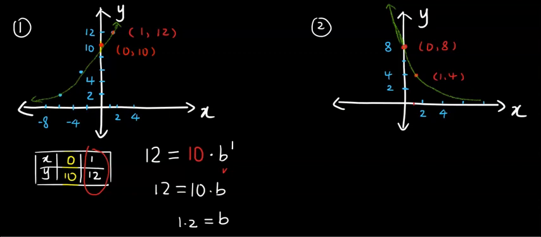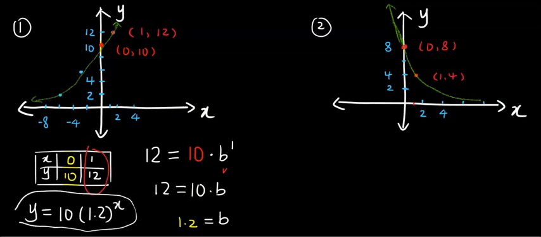Now we have a, we have b. Are we able to write our function rule? Yes, we're going to say y is a times b to the x power, where a is 10 and b is 1.2. This is our function rule.